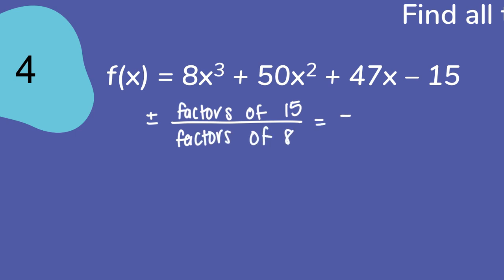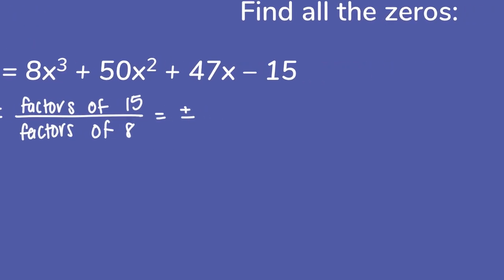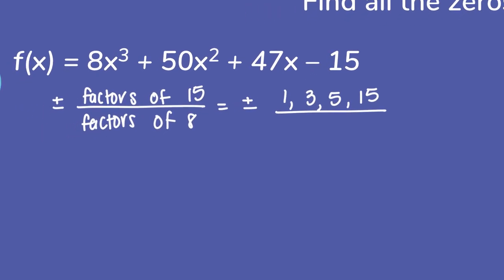Factors of 15 are 1, 3, 5, and 15. Then factors of 8, because that's my leading coefficient, are 1, 2, 4, and 8.